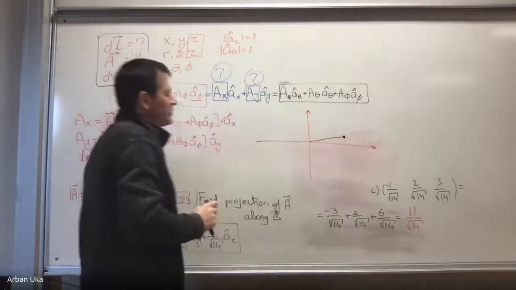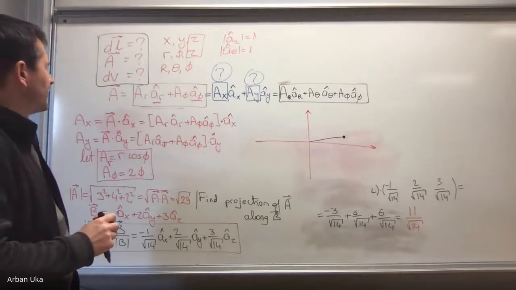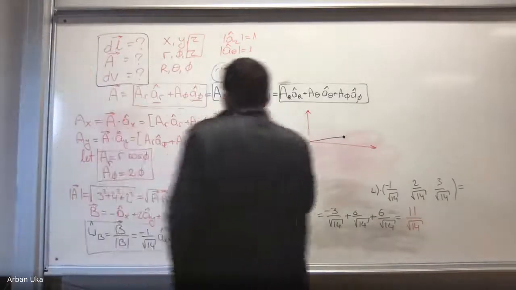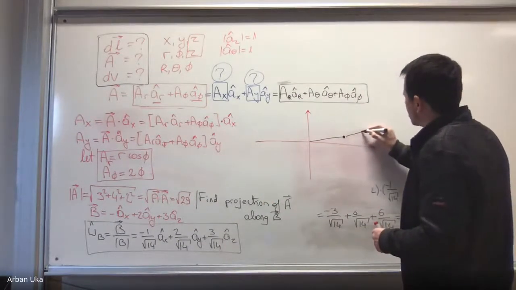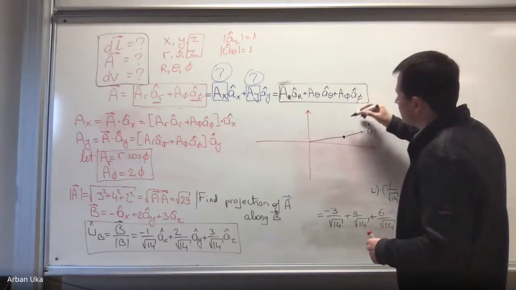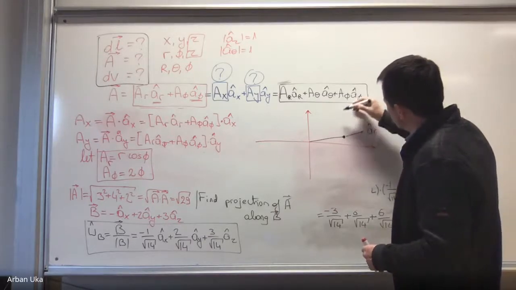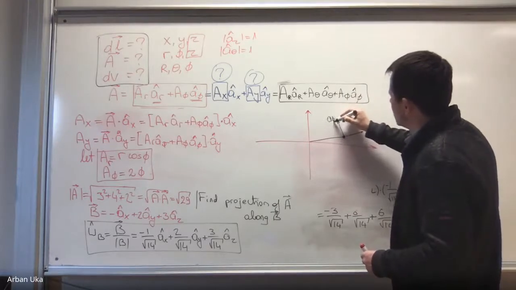So let's assume we have this point, and the unit vector along the AR is right here. This is AR, okay? And the unit vector along the A phi is perpendicular to this vector AR. This is the A phi.